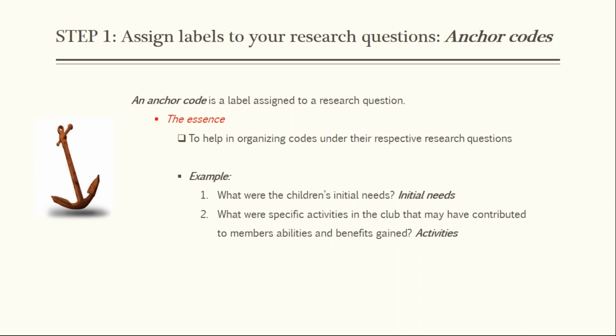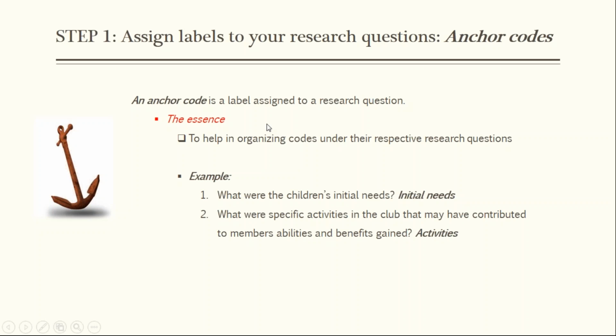When you identify significant information, you decide which research question this significant information is going to address. If it's going to address research question 1 and your anchor code is initial needs, then you'll be able to drop all the significant information or the codes that have been developed under those research questions, right?